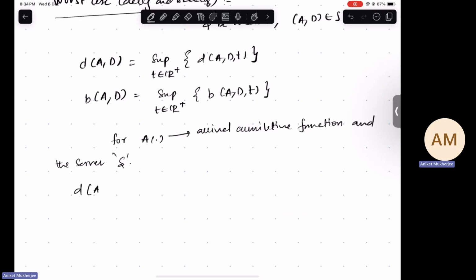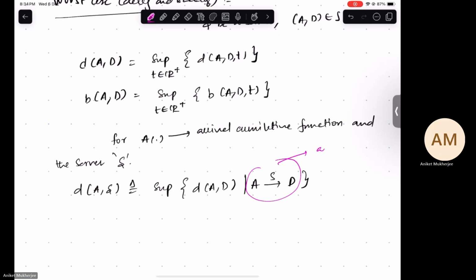So d(A, S) is defined as sup over the set of all the AD pairs that are in the server.